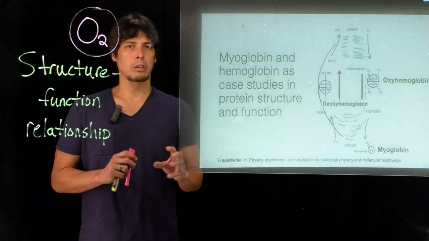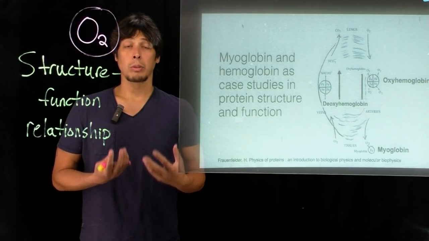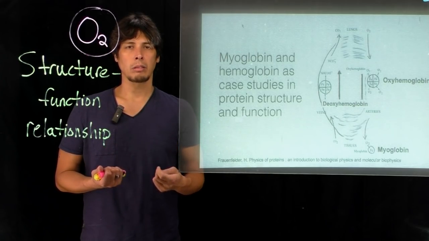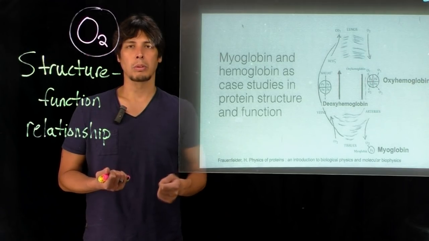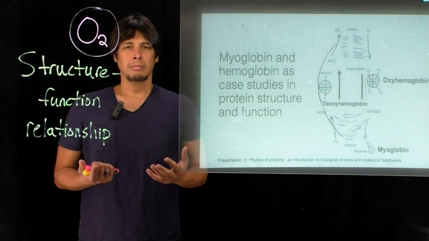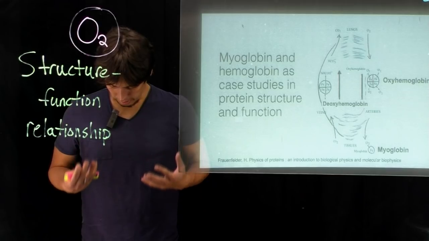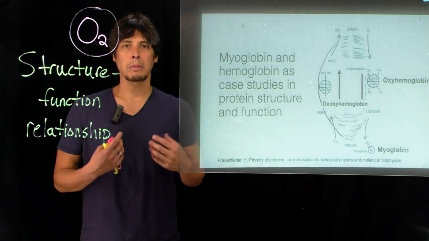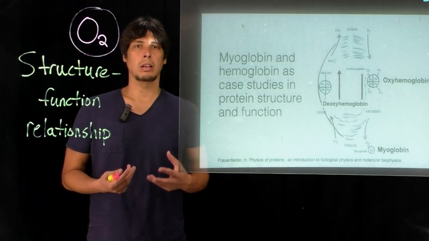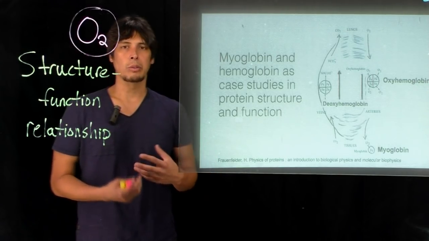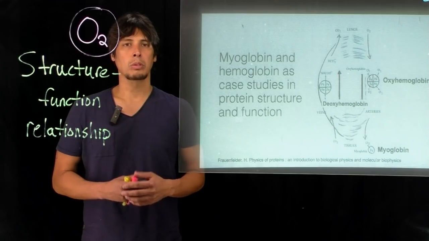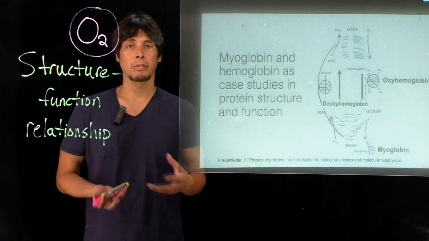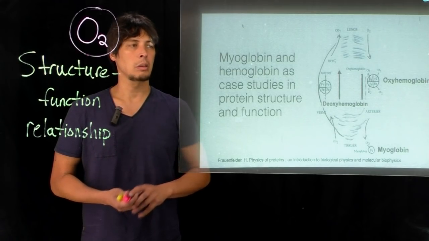So for instance, when we inhale air, along with it comes oxygen, which is important, and then that gets delivered to cells throughout our body. Now, that doesn't happen just by diffusion of oxygen to these other cells. This gets carried through the blood, and the protein that's important for carrying this is, of course, hemoglobin.